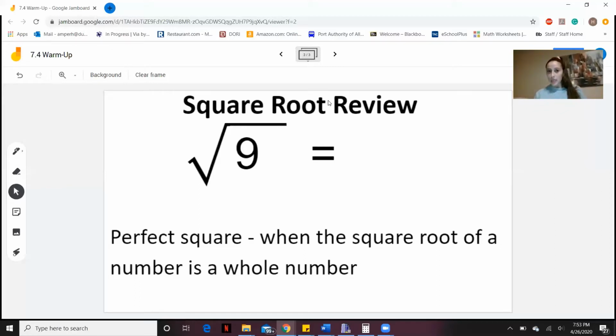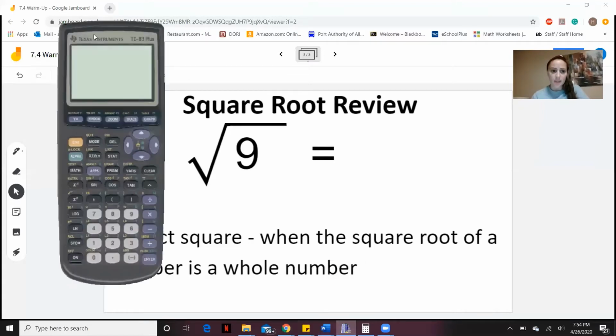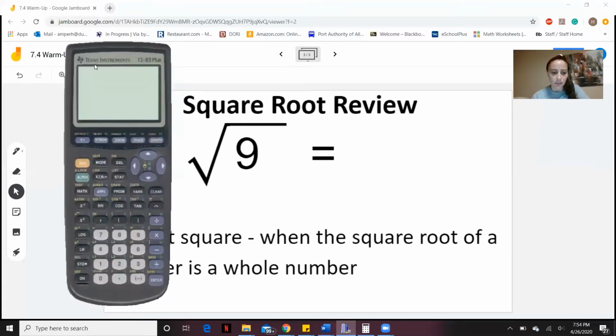Let's say that you don't have the perfect squares memorized, and you don't know which numbers multiply together to get 9. You can actually use your calculator to figure this out. There's a square root function on the calculator. If you have a TI-83 or a similar calculator, you can turn it on and hit the second button.